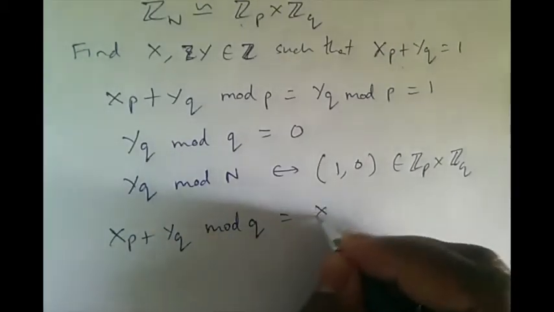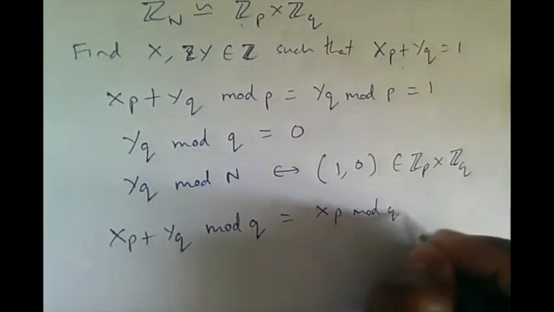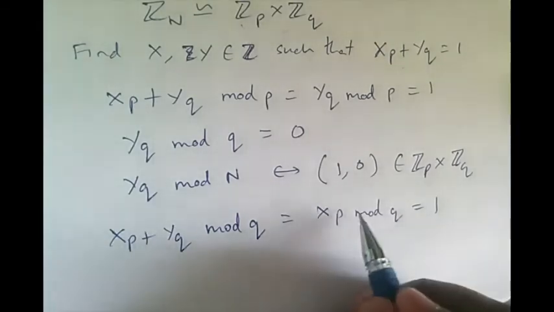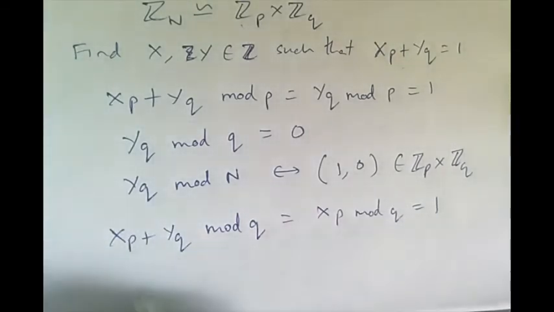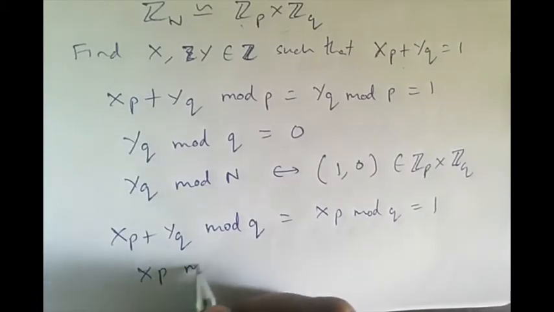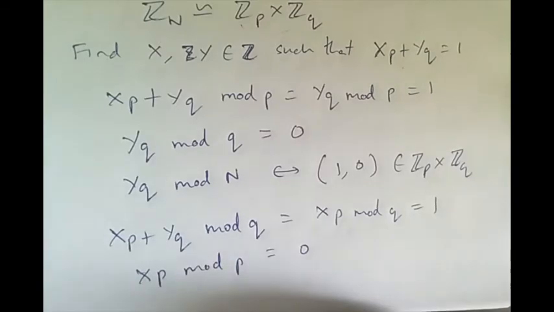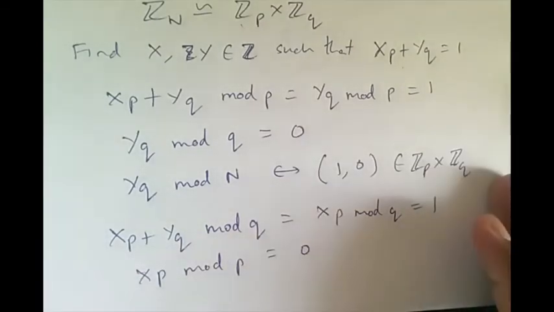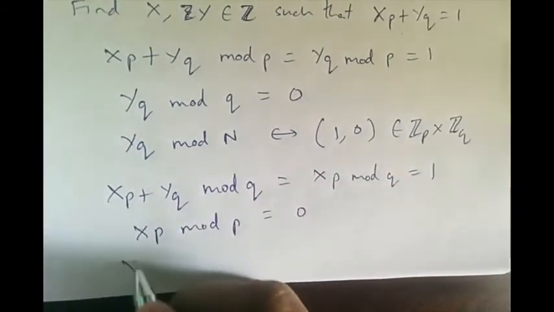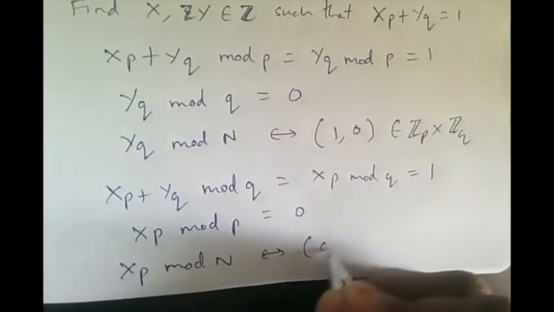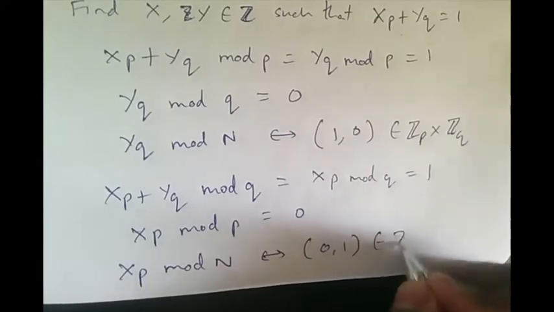So you get xp mod q, which is 1, because xp plus yq was 1. And xp mod p is 0 because it's a multiple of p. So now we have xp mod n will map to 0, 1 in Zp cross Zq.